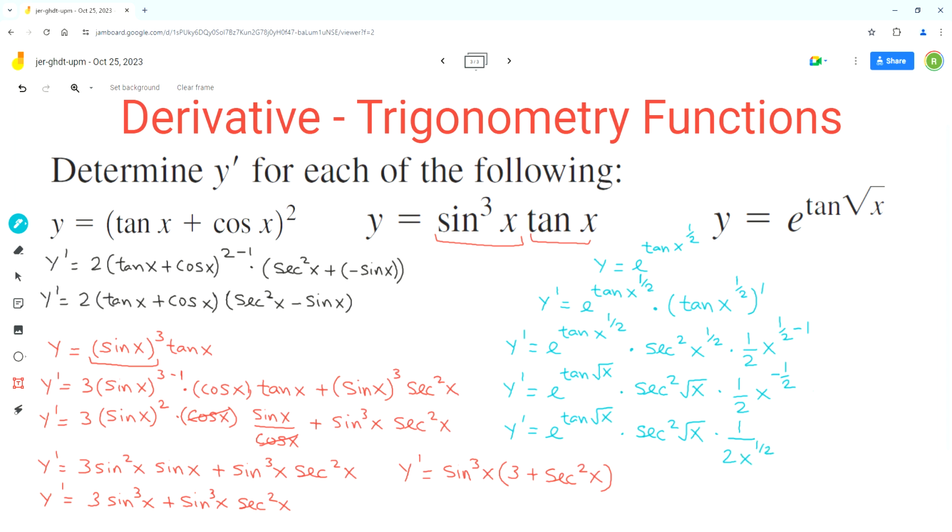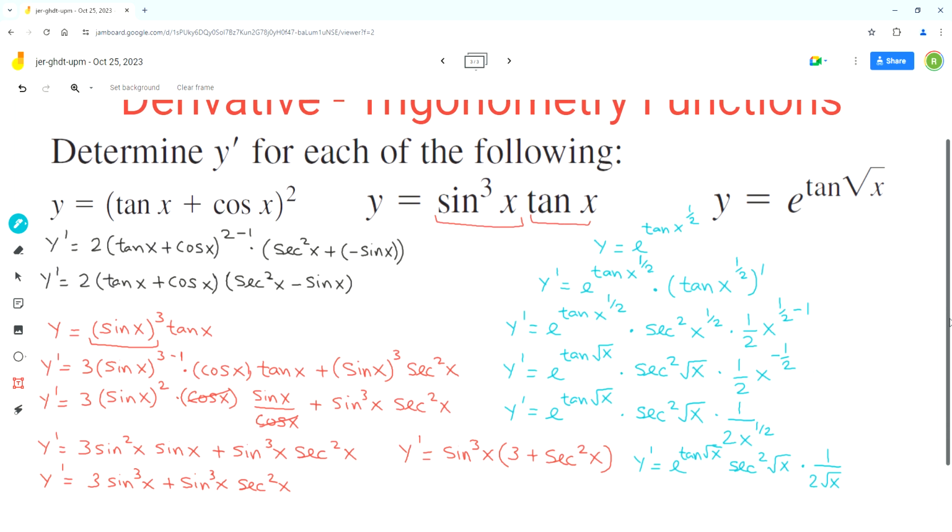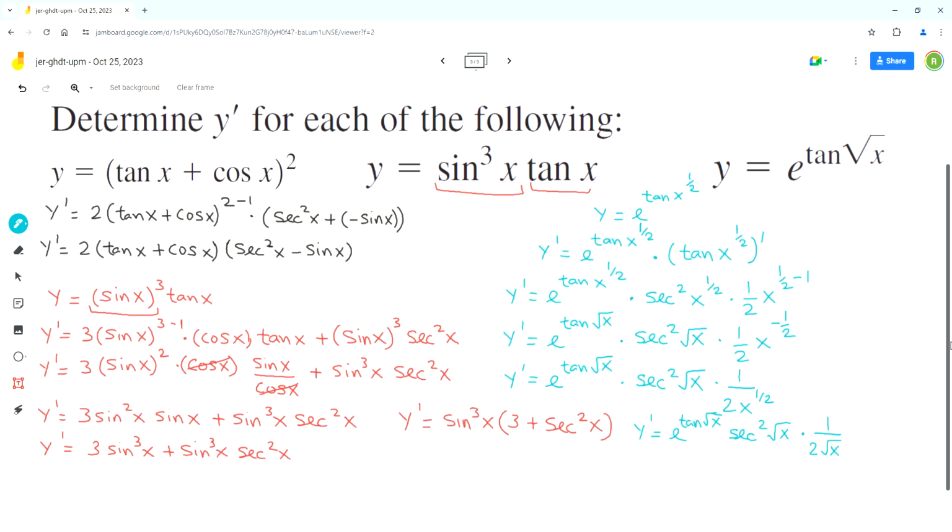Now we can change this exponent half to square root on x. Then we can move this fraction 1 over 2 square root x to the front of the term.